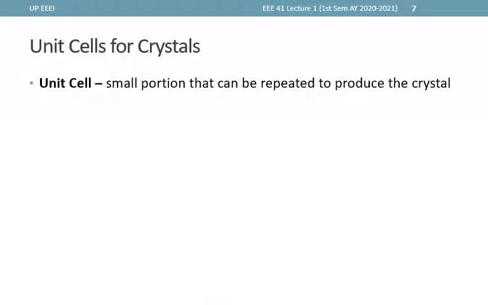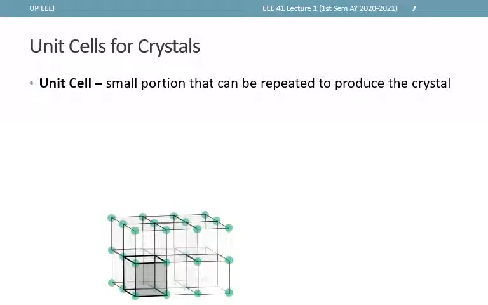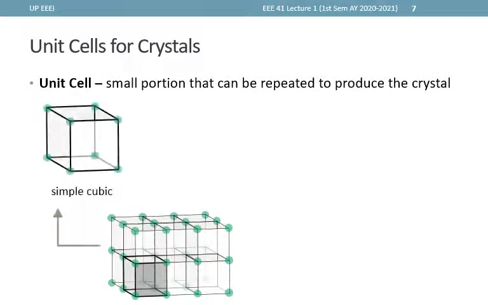The fancy image we have just shown is what we call a unit cell for the silicon crystal. In general, a unit cell is a small portion of the crystal that can be repeated to reproduce a larger crystal. Shown with green atoms is called the simple cubic unit cell.